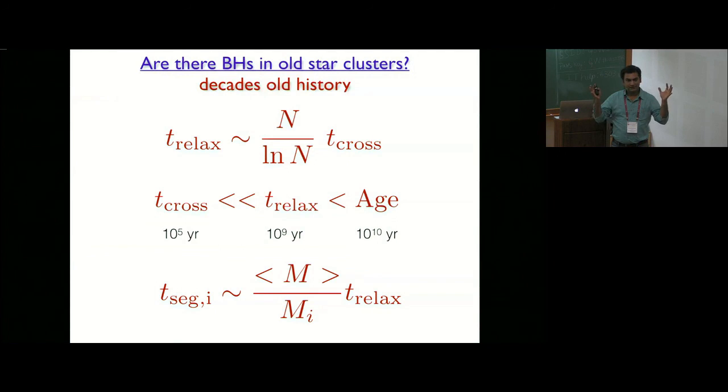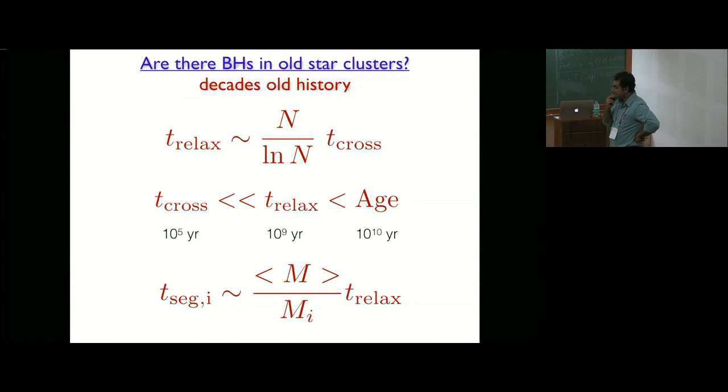Globular clusters collect the black holes, do stuff with them, and then the strong encounters can, in principle, eject the black holes. The question is, how long does it take for this to happen? And as I showed you, it takes very little time with respect to the overall age of globular clusters.